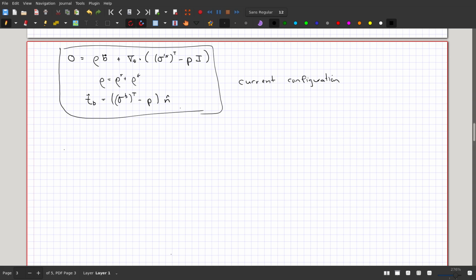And so then in the reference configuration we have, it's just the pullback of the other equation.